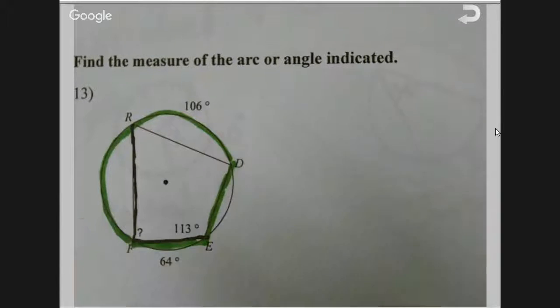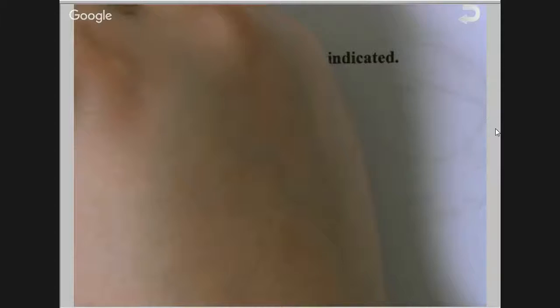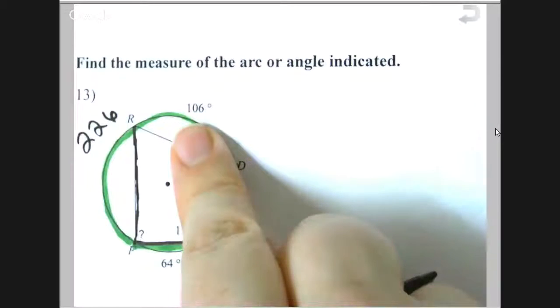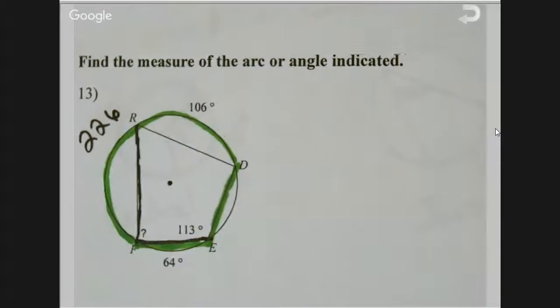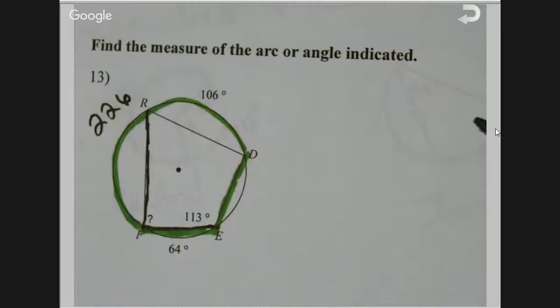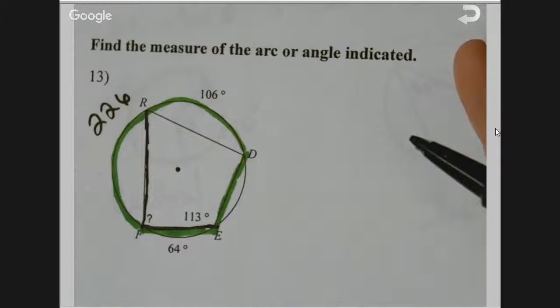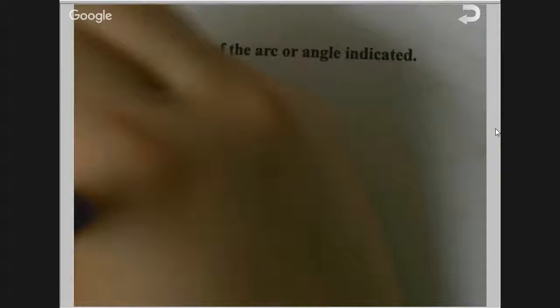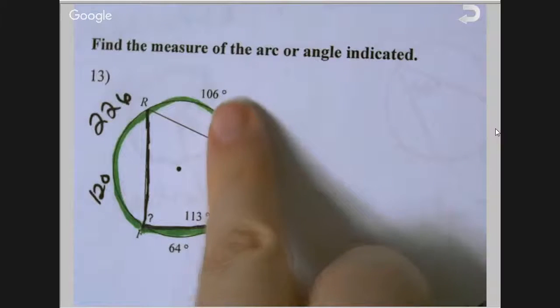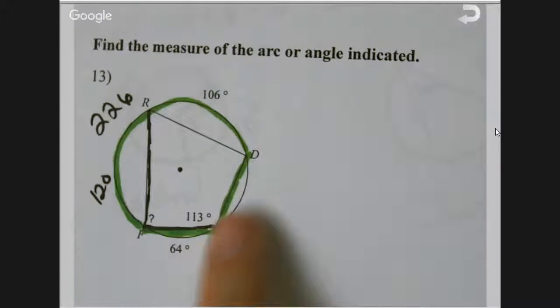Okay, how did you find it? Yeah, you're just doubling. So we know that this whole thing is 226. We know 106 of it, right? So just go 226 minus 106, and what do you have? You can say it, Chase. 120. So this side's 120. This is 106. This is 64.